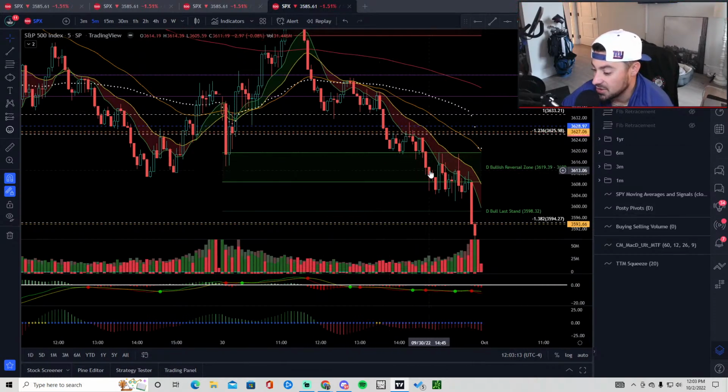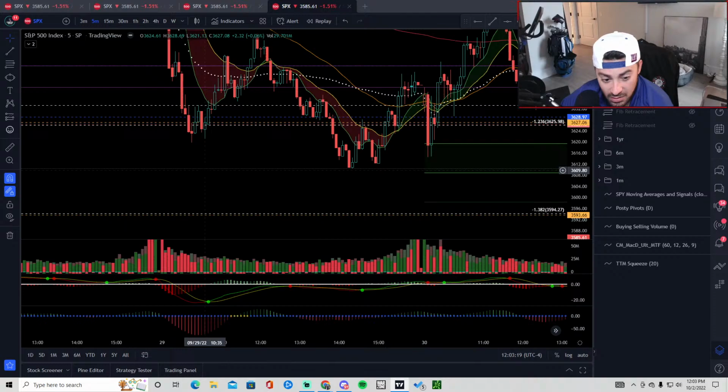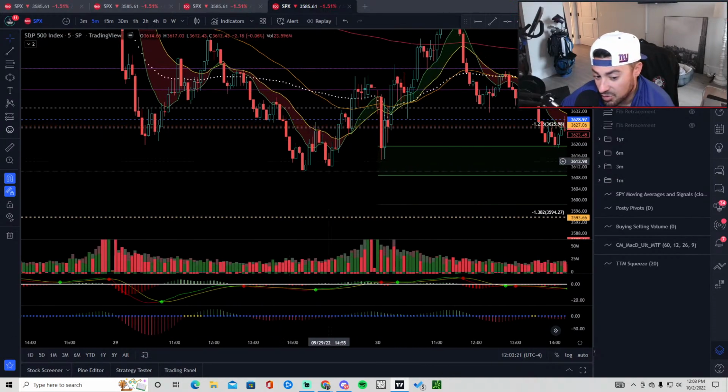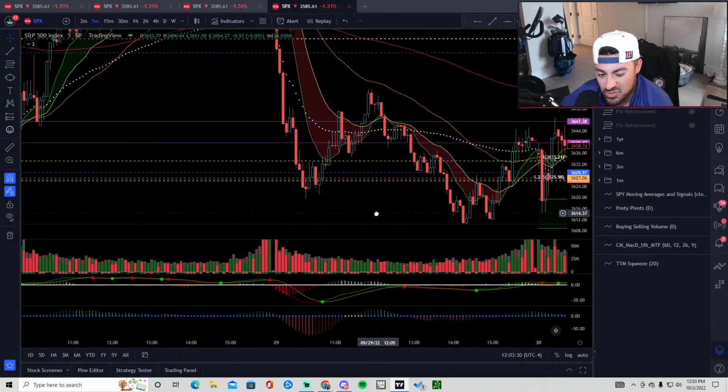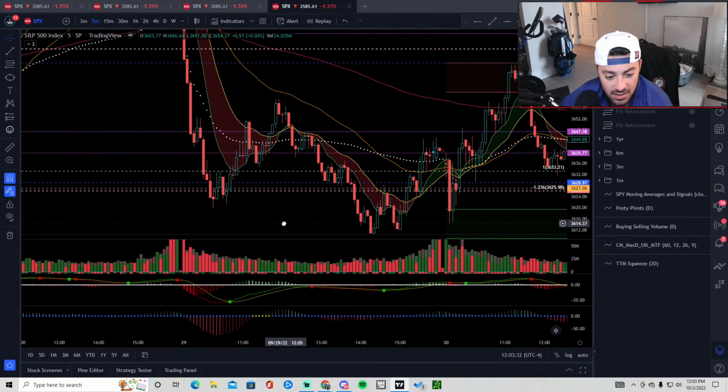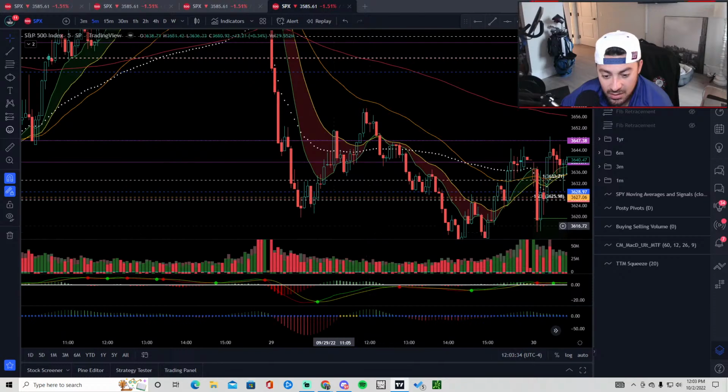So there would have been 3 plays that I would have taken. And I would have played off of this flag with this support, even though it was later in the day. Would have played off of this retest right there.